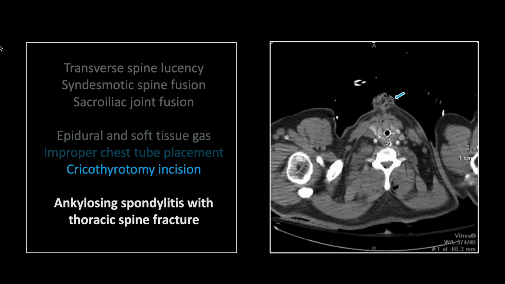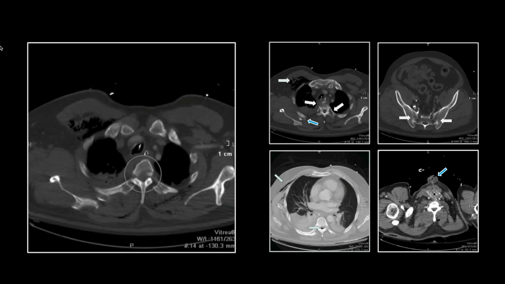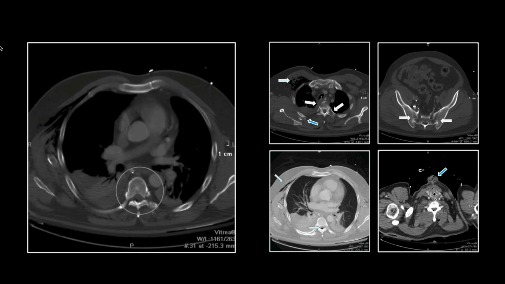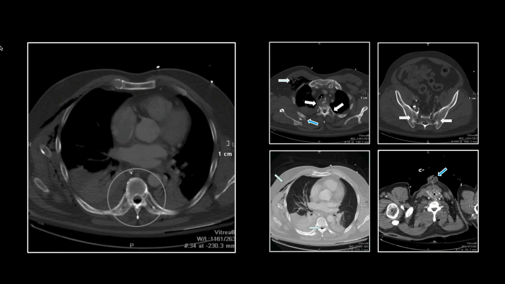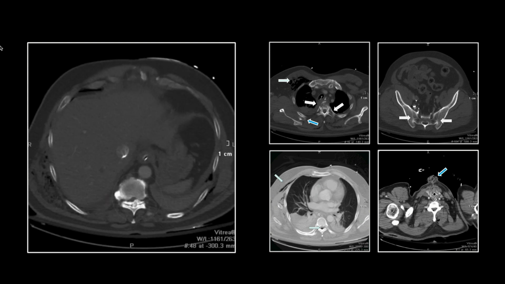They subsequently then were able to pass an endotracheal tube through the normal means and did actually get a normal endotracheal intubation performed. So here again is that transverse irregular lucency through an otherwise fused spine. Note the costotransverse fusion and the epidural gas present here.